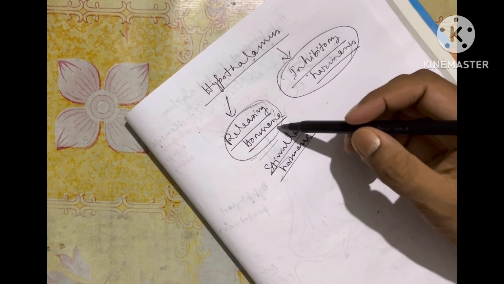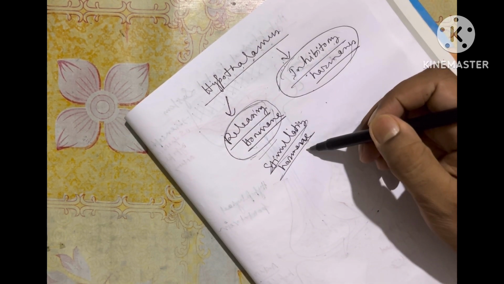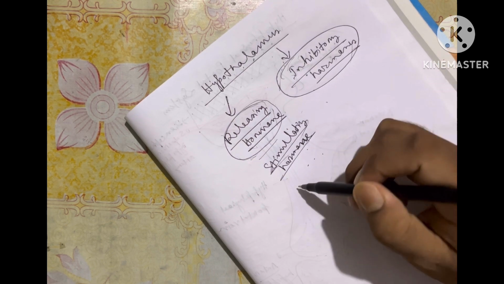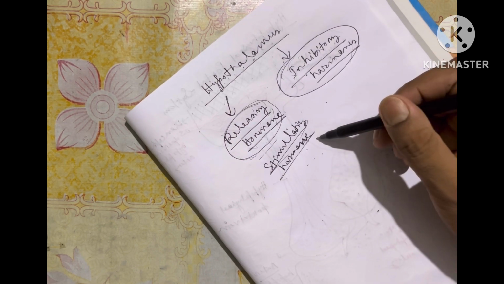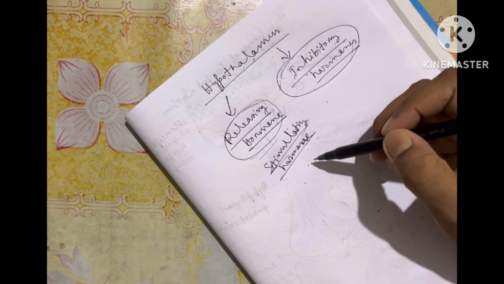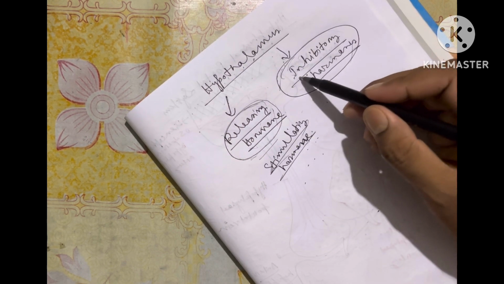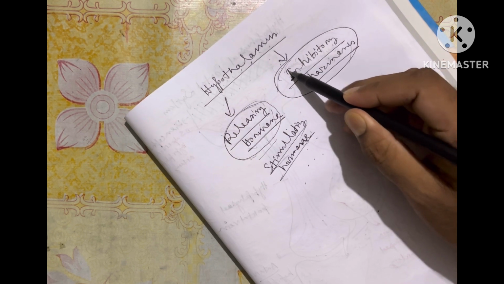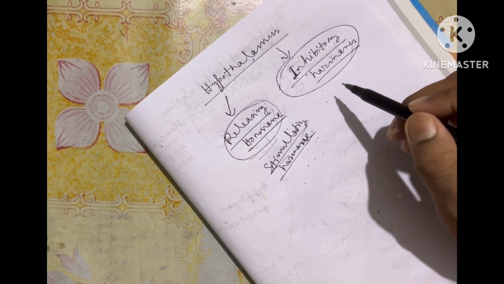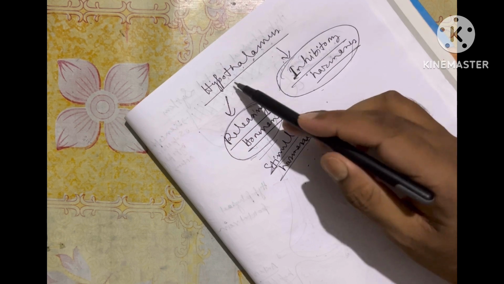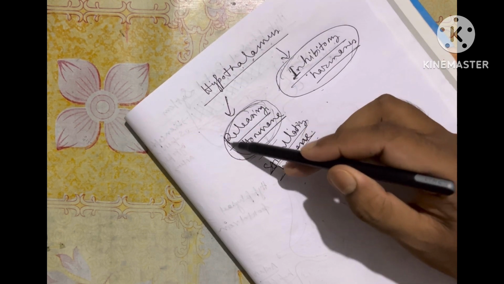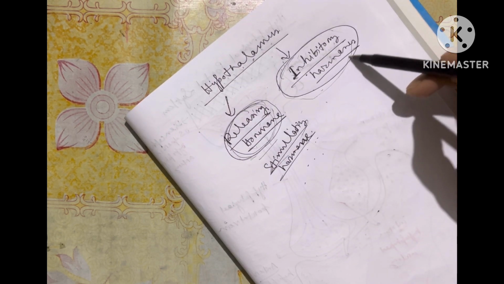So when those stimulating hormones are received by the cells of our anterior pituitary, it will produce its own hormone with respect to the hormones received, whether the hypothalamus is releasing hormone or secreting inhibitory hormone.